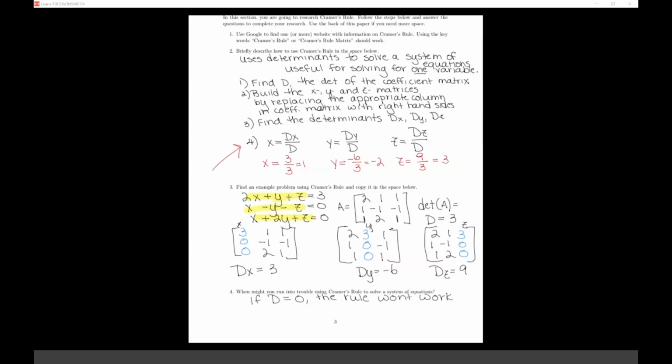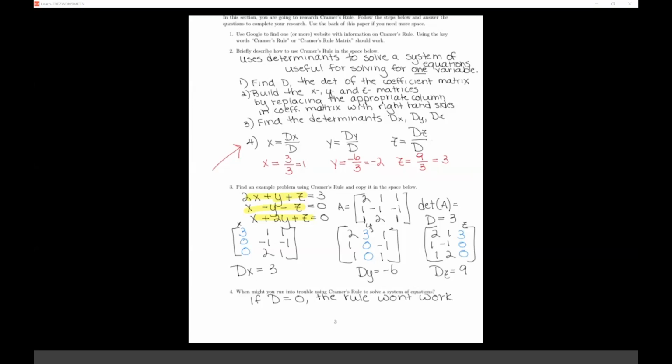Basically, if the products on your downward diagonals equal the products on your upward diagonals, you've got a singular matrix, and you can't find its inverse. Remember, we said that also wouldn't work if you were trying to find an inverse. Not every matrix has an inverse for that reason. There are some matrices that have 0 determinants. So that's when Cramer's rule breaks.